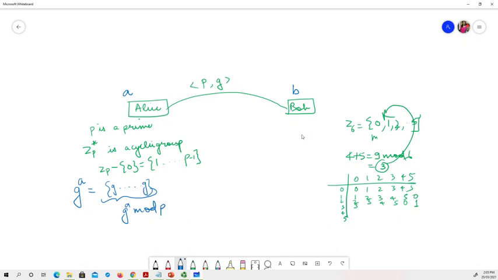Similarly, Bob on the other end would be calculating g to the power of b modulus p. Let's suppose this value is A, g to the power of a modulus p, and Bob calculates B, g to the power of b modulus p. If you recall the coloring example, we mixed those two colors.